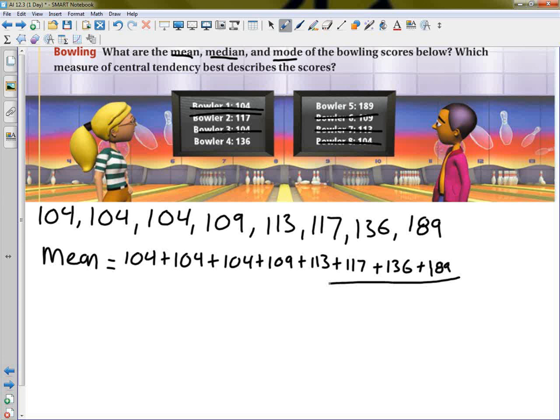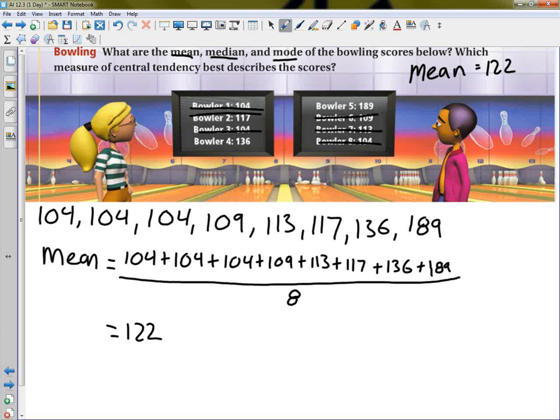So as we plug these into our calculator, we get 104 plus 104 plus 104 plus 109 plus 113 plus 117 plus 136 plus 189, all over 8. And this will give us 122. 122 is my mean score for these bowling scores. So I'm going to write that up here. Mean is 122. All right.